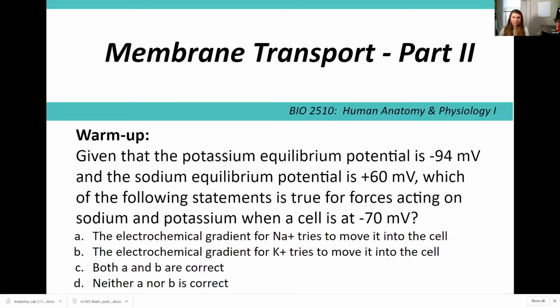So for sodium to win out and get to its equilibrium potential, we'd have to have a lot of sodium move into the cell. So for this question, A is correct. That's the correct direction for our electrochemical gradient, because to make that cell positive, we'd have to move sodium in.